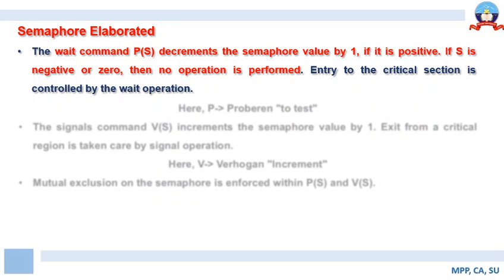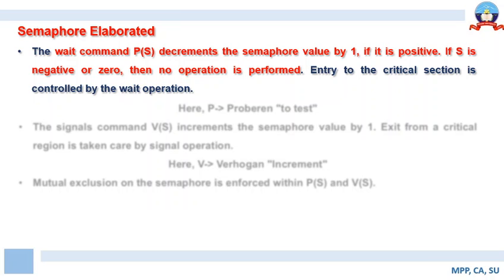If the value of the semaphore is negative or 0, then no operation is performed. So here you need to remember that the wait command, represented by P, decrements the value of semaphore by 1 if it is positive, and if the value is negative or 0, no operation is performed.